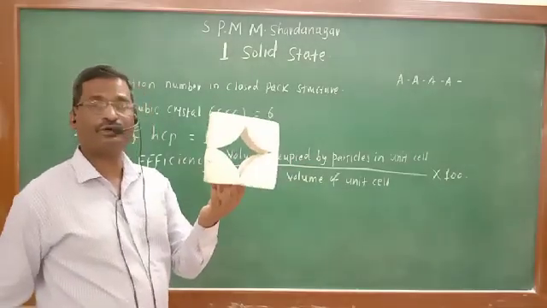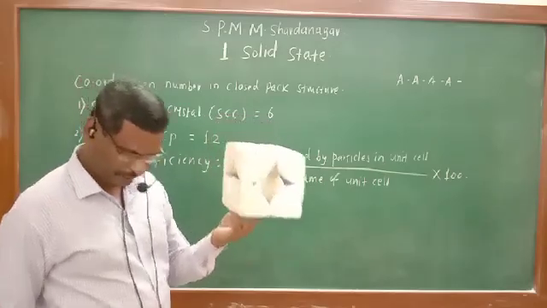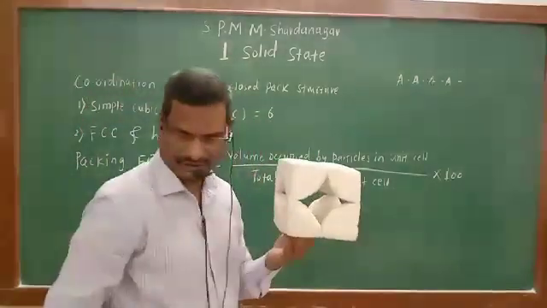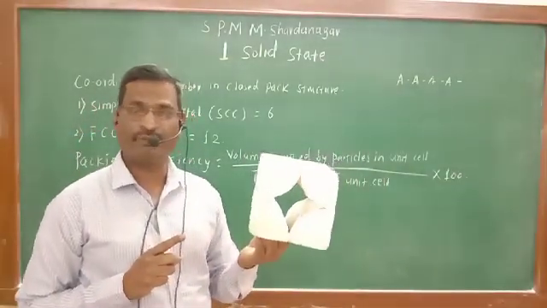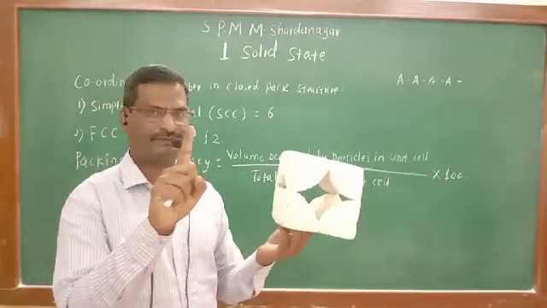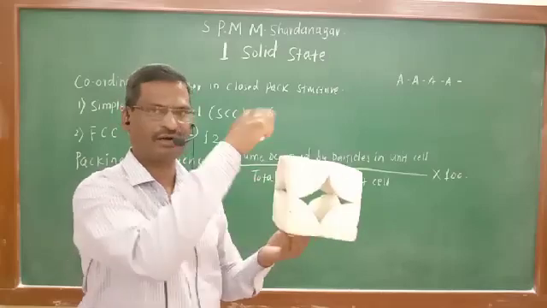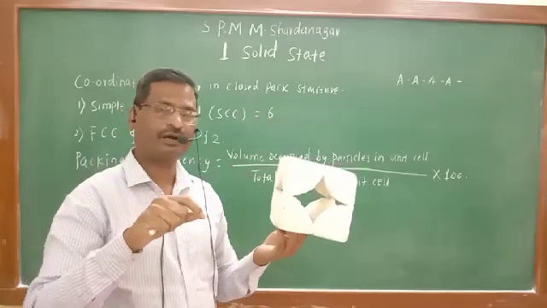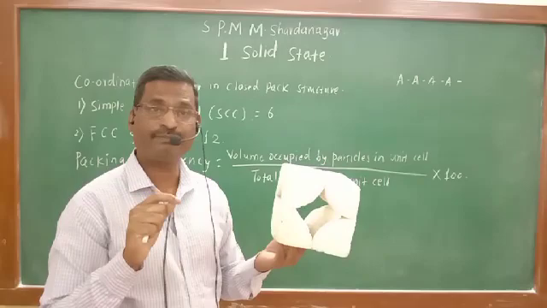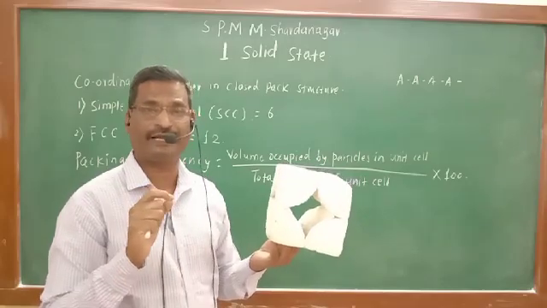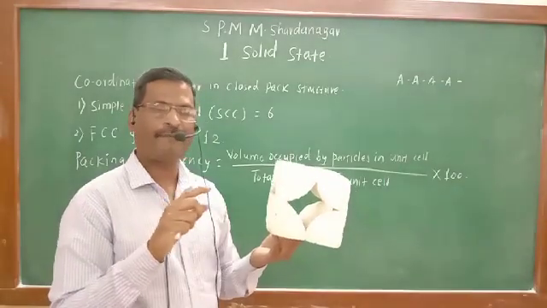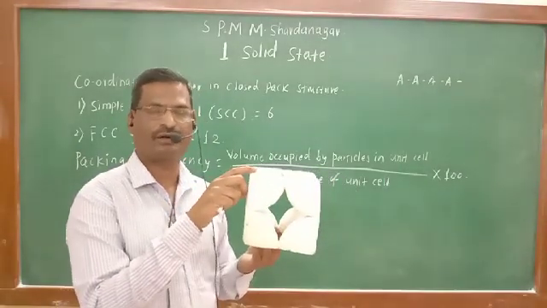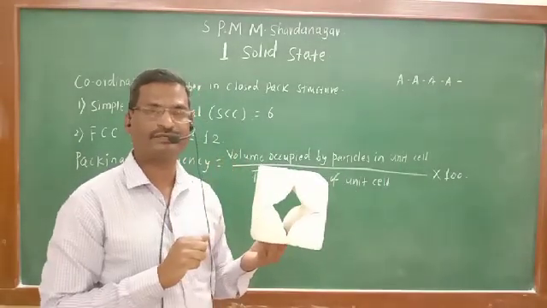In this simple cubic crystal, how many particles are there? In the simple cubic crystal, we have studied it. How many particles? Only one particle is present because there are 8 corners. At each corner 1/8 particle is present. 1/8 means 1/8 portion of particle is present at each corner, and there are 8 corners.